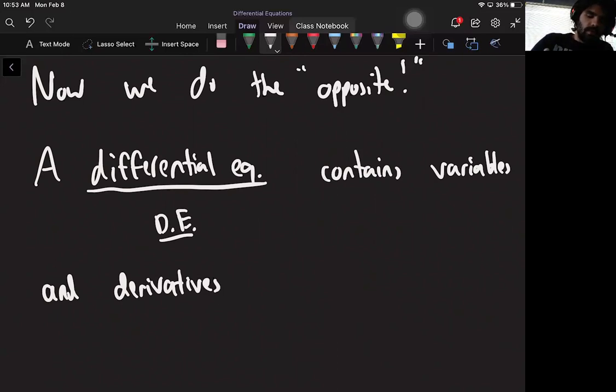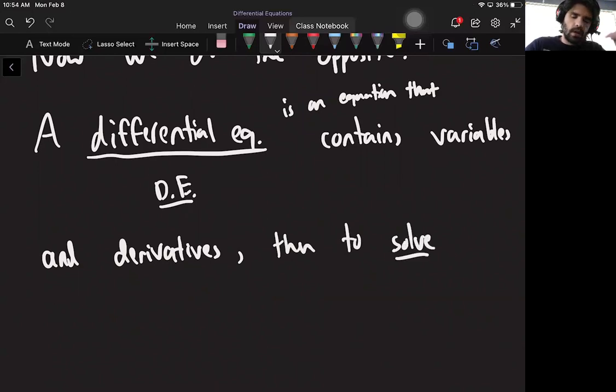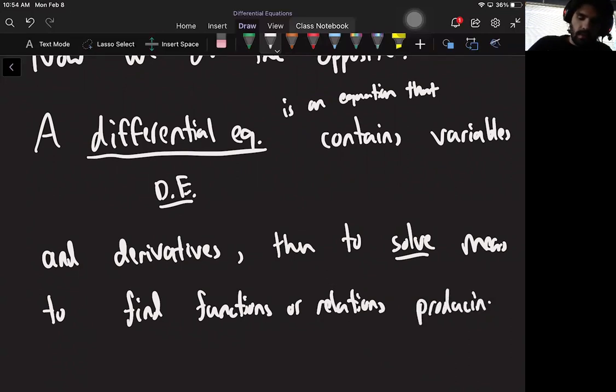So it's an equation that contains these. And then to solve, that's what we're going to be doing, means to find the functions or the relations that produce the differential equation.